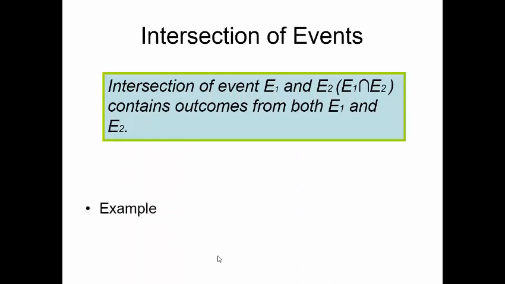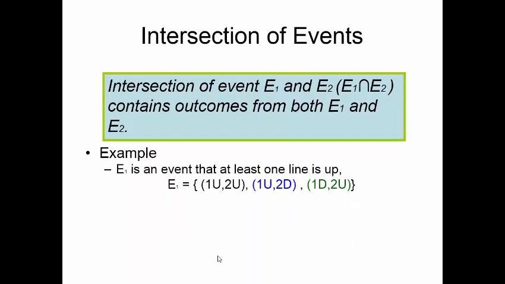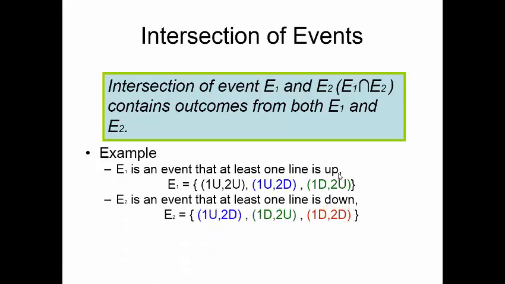Now how about the intersection of events? The intersection of events E1 and E2 contains outcomes from both E1 and E2. For example, if event E1 is at least one line up as before, and event E2 is at least one line down, you can see which states are common.